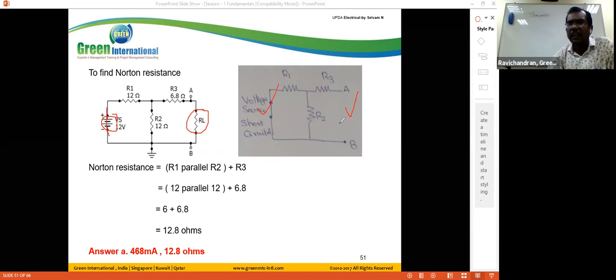Then find the resistance between A and B, RAB. That we call the Norton resistance. See the circuit, R1 and R2 are connected in parallel, in series with R3.